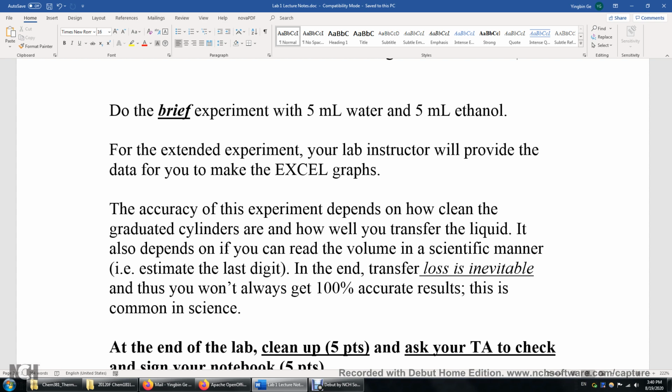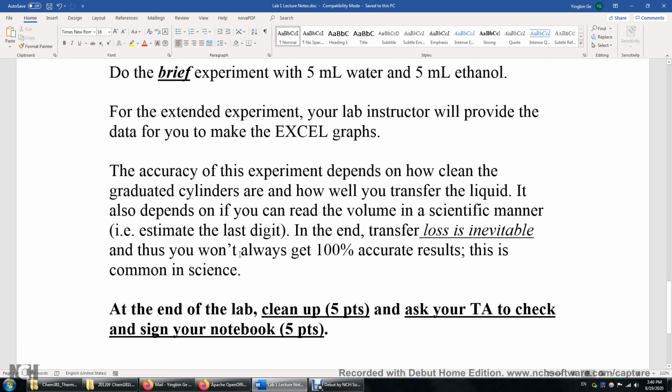Therefore, transfer loss is inevitable. So you're not going to get 100% accurate results. This is normal for this lab 1, and this is normal in science. At the end of the lab, make sure you clean up your bench area, clean up the balance, and then you ask your TA to check and sign your notebook.